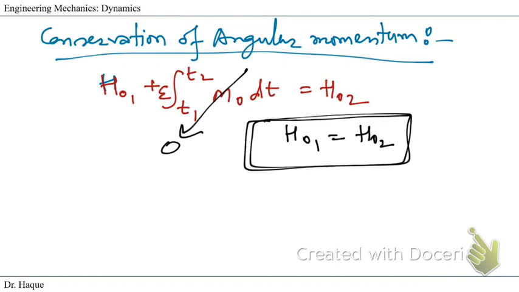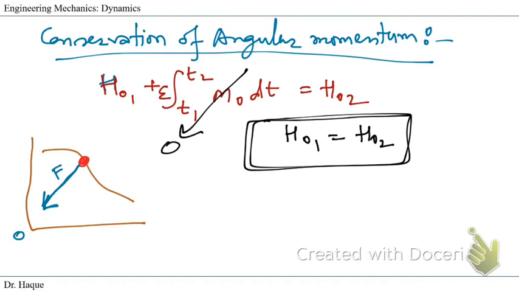Just remember that we can apply the conservation of momentum and conservation of angular momentum at the same time. But there is one interesting thing to notice. If we have a scenario where the particle, for example, is moving along a curved path, and the resultant force is acting exactly towards the origin, so the forces are acting exactly towards the origin, right?